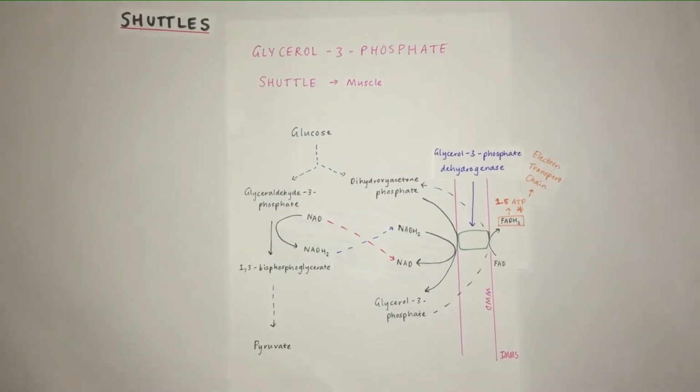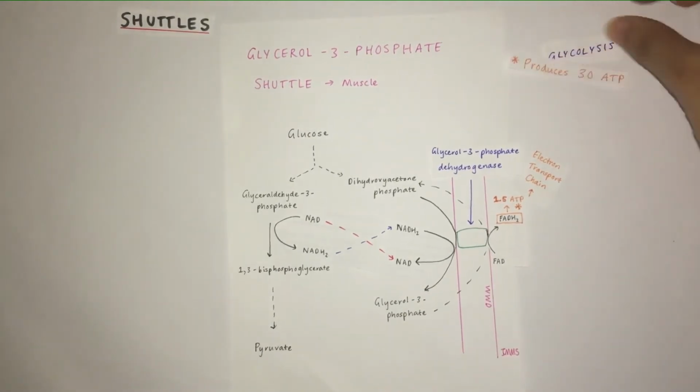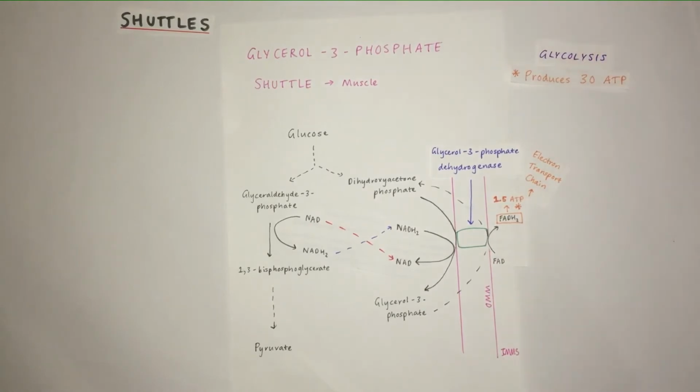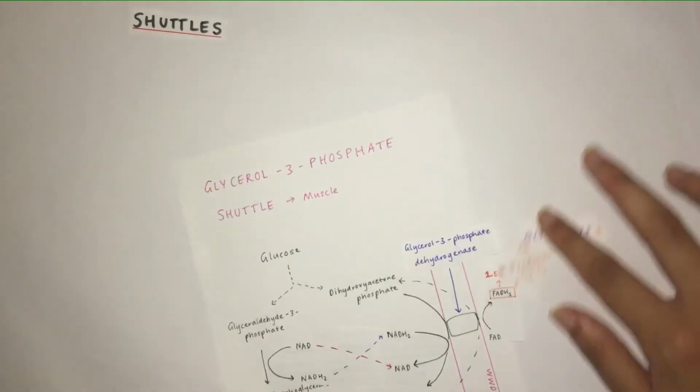So ultimately, this is less ATP, because we've skipped complex 1 and we skip some of the protons that are going into the inner mitochondrial membrane space, which are then ultimately used to produce ATP. We've got less protons, less ATP, and ultimately, glycolysis in the muscle will produce 30 ATP. So that's what's happening in the muscle.